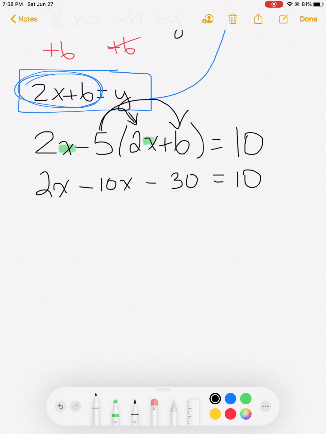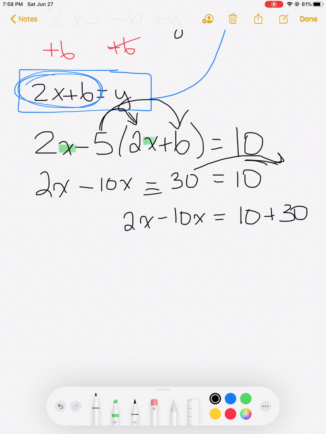Now we're going to put all the letters on one side, the numbers on the other. So again, I'm just going to bring this 30 to the other side here. So this is going to end up with 2x minus 10x, and then 10 plus 30, right?